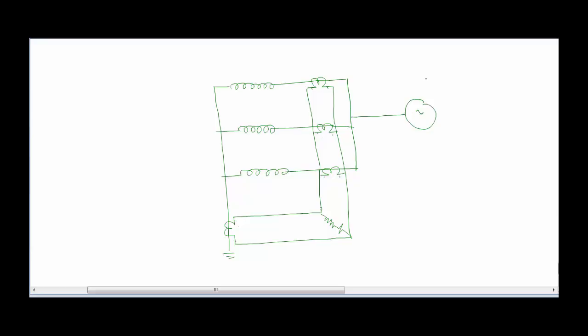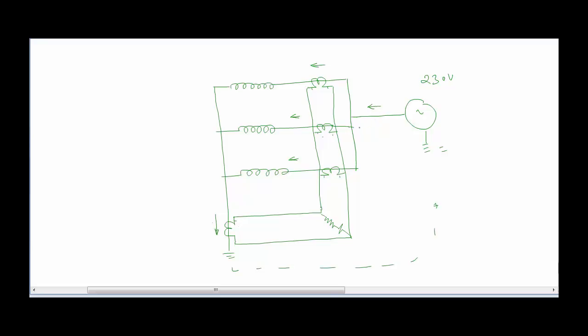Let's say that the magnitude of that AC is 230 volts, and we are simply going to ground this, or we can just connect it with the neutral, because the neutral is already in grounded condition. If we are grounding it, then this is the way it is going to allow the flow of current, and it will flow in this way, and this way it is going to return.